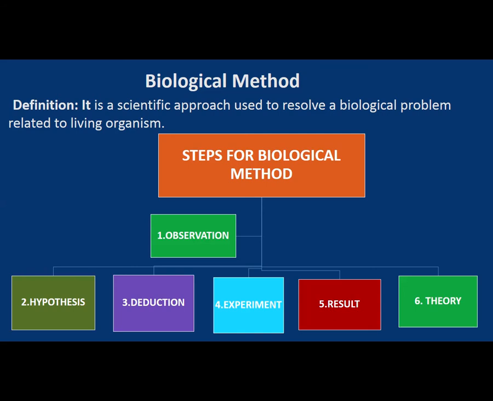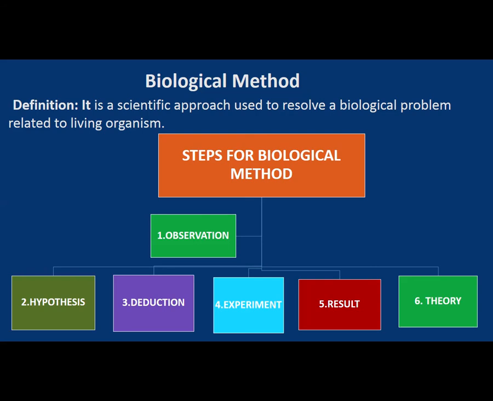They follow some steps: number 1 is observation, number 2 is hypothesis, number 3 is deduction, number 4 experiment, number 5 result, and number 6 theory. So these are the steps for biological method.